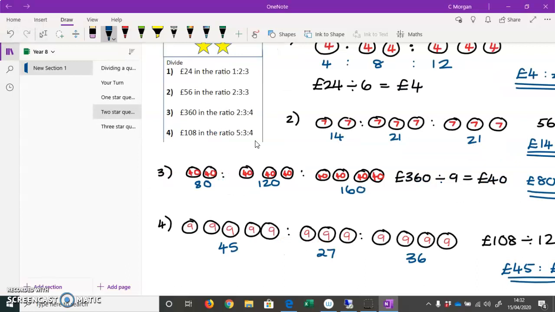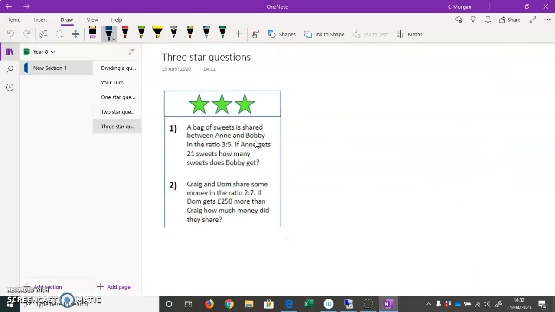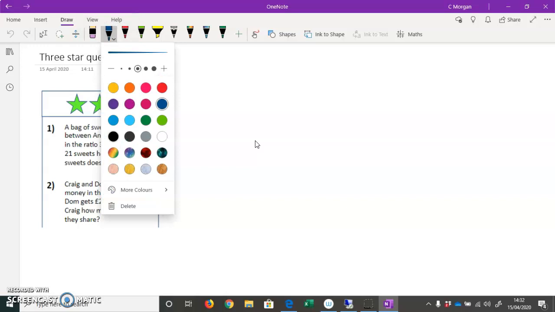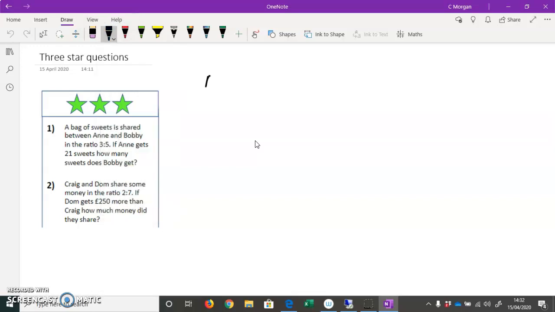Now, if you had a go at the 3-star questions, they were pretty tricky indeed. Number 1 said that a bag of sweets is shared between Anne and Bobby in the ratio 3 to 5. So, Anne had 3 parts of the sweets. Bobby, very fortunately for him, had more sweets.